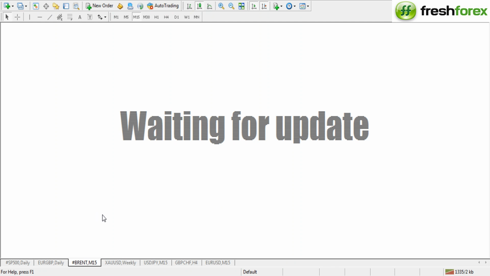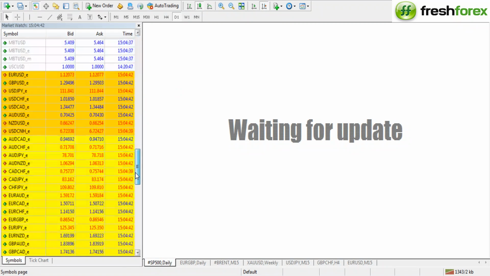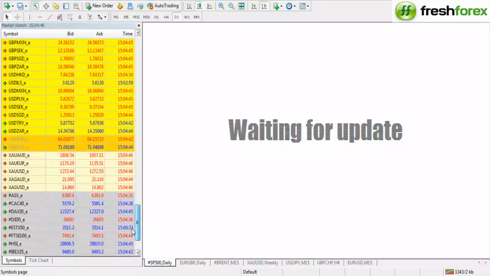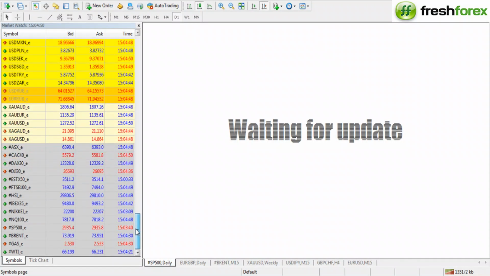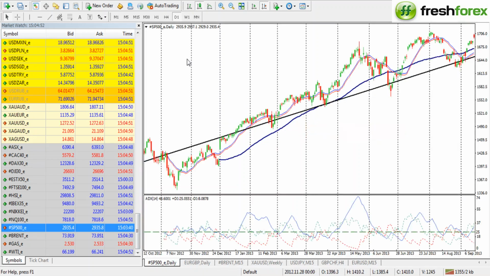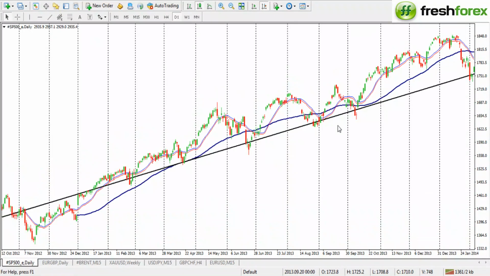So we load that chart straight away. SP500 main chart. Here is SP500. I want to clean this chart. This one has come by default based on the previous one which I had there.